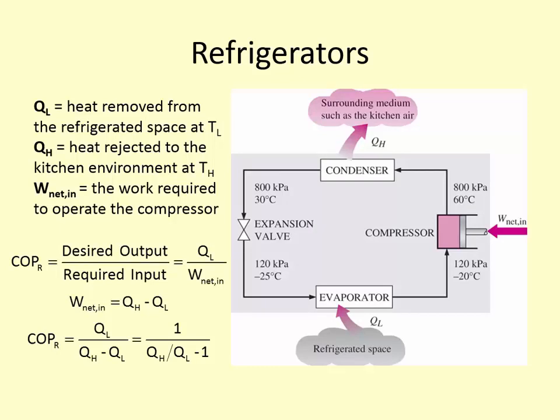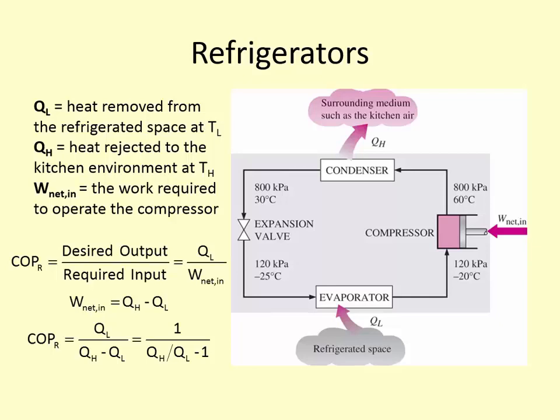So with refrigerators and heat pumps, instead of calculating an efficiency, we calculate something called the coefficient of performance, which actually can be greater than 1, which is why we don't call it efficiency, because then it somehow makes it seem like we have a greater than 100% efficiency, or that we're getting work from nothing.